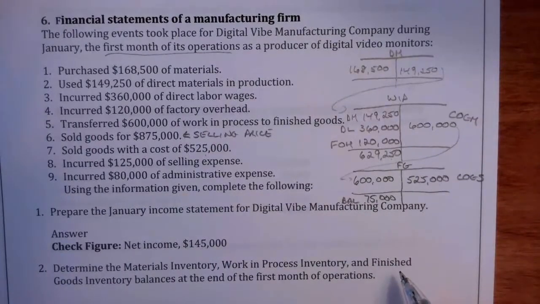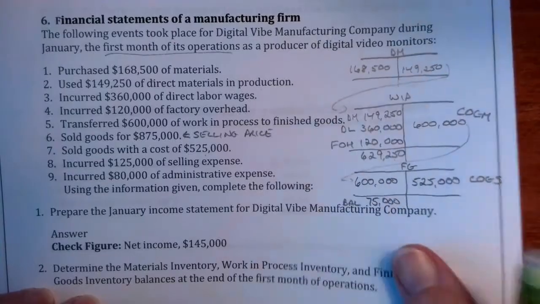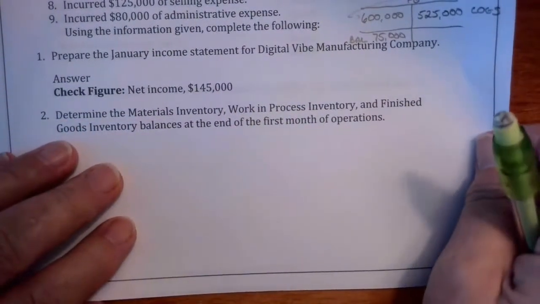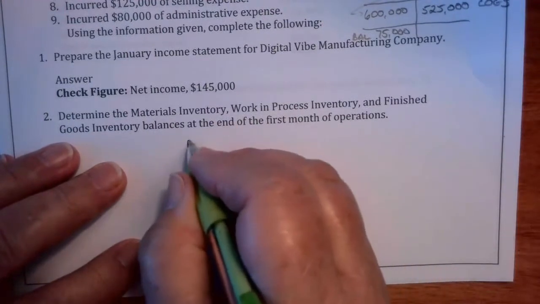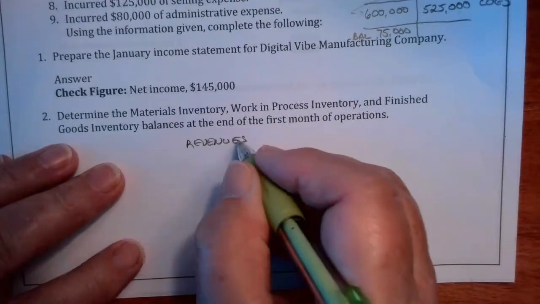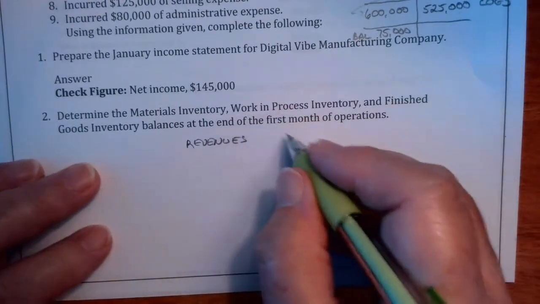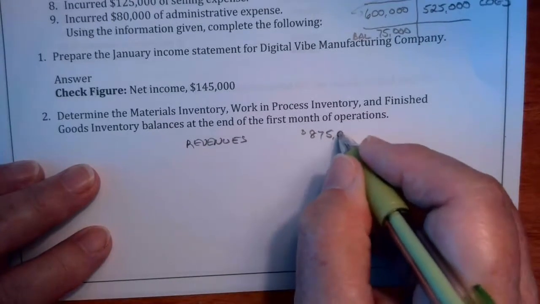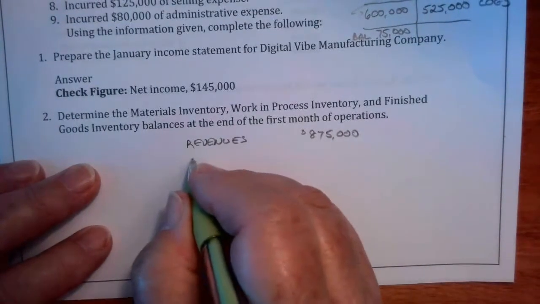So now we've got selling and administrative expenses. We're ready to do an income statement. We have to slide this up. So we've got revenues. Revenues are $875,000 less cost of goods sold.